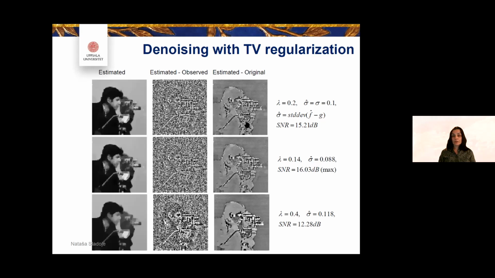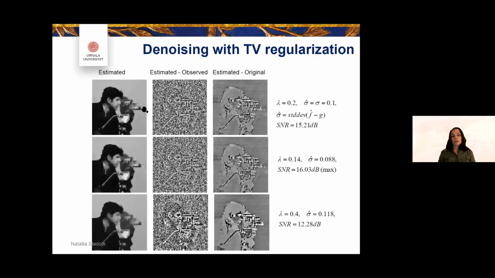Estimated minus original then shows the difference between what we obtained in our restoration and what we would like to have obtained, the noise-free image. This is what we are aiming for. This one should look as much as possible like normally distributed noise, with no structure and no visible details that would correspond to the image itself. This one should be flat, because ideally these two are the same, and the difference is simply 0.